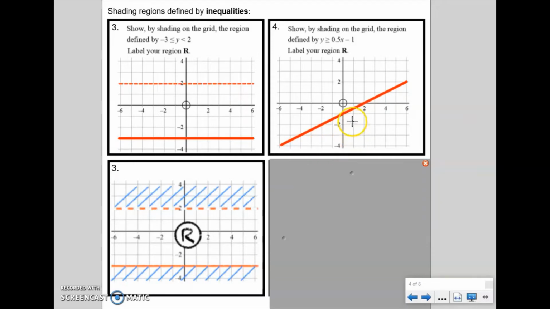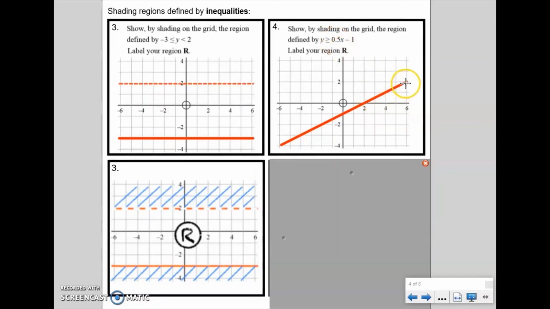So you can see that the linear graph I've just drawn crosses the y-axis at -1, which corresponds to this c value, this y-intercept of -1. And if I was to pick a point on the graph and go 1 square along, I would go 1/2 a square up, corresponding to a gradient of 1/2.